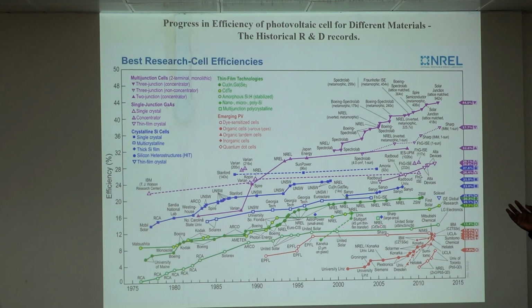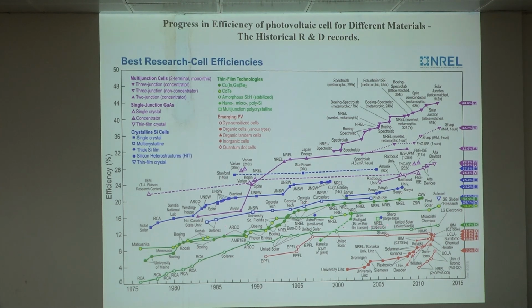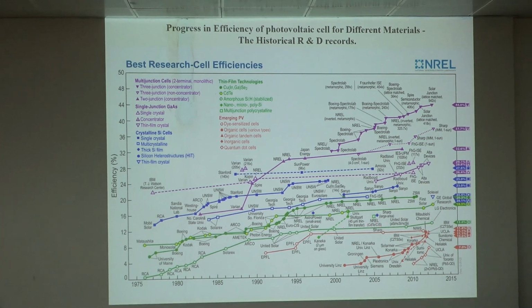People then started working on the last category, from EPFL, that is organic solar cells, or emerging PV, or dye solar cells, or quantum dots. They start from 1990 onwards, and give a maximum efficiency of 12%. This is a laboratory model, and now they are getting more devices nowadays.